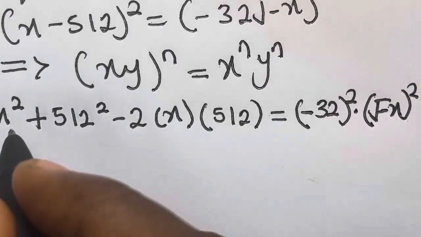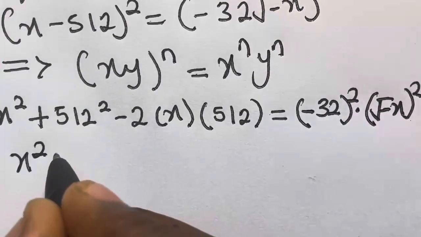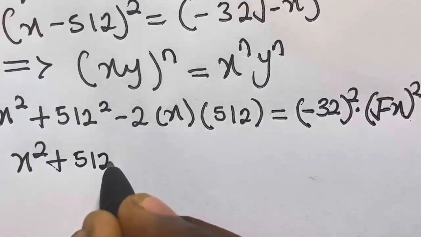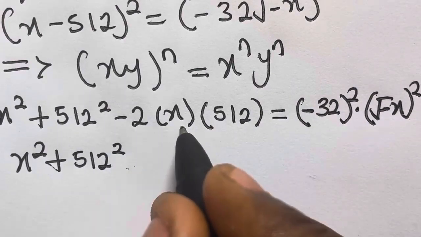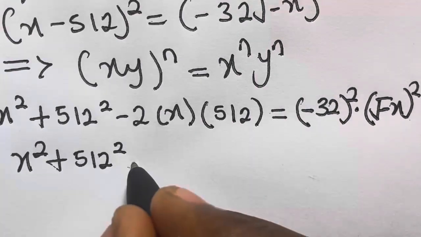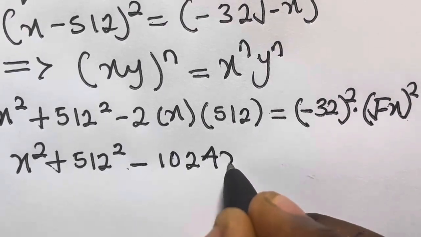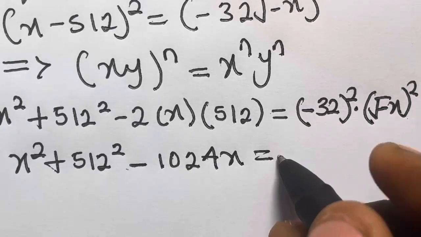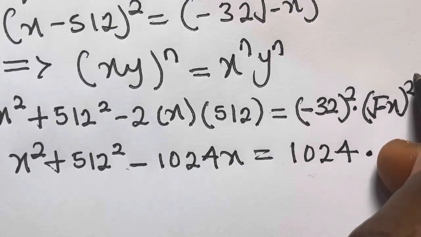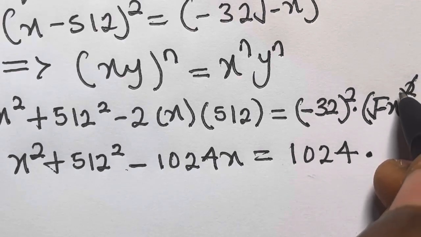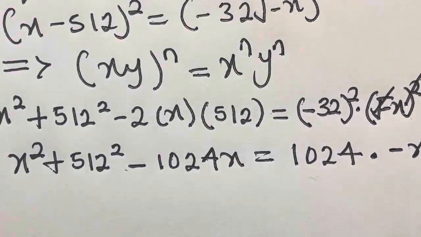So this now becomes x squared plus 512 squared. So if we expand this, we will have 2 times x times 512, we have minus 1024x equals, this square will give us 1024. So that is minus, this square will cancel this square, so we have minus x, right?